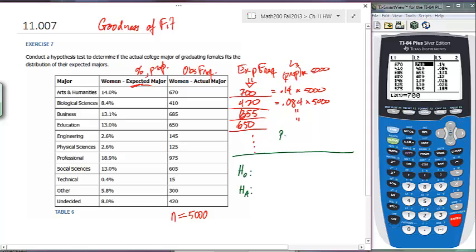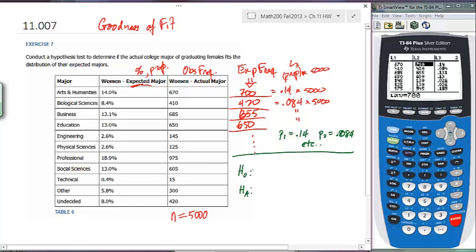So what we can do, well, this is not preferred, but you can write down the probability for the first major is 14%. The probability for the second major is 0.084. That's the proportion. The percentage is 8.4%. Now this gets a little tedious.